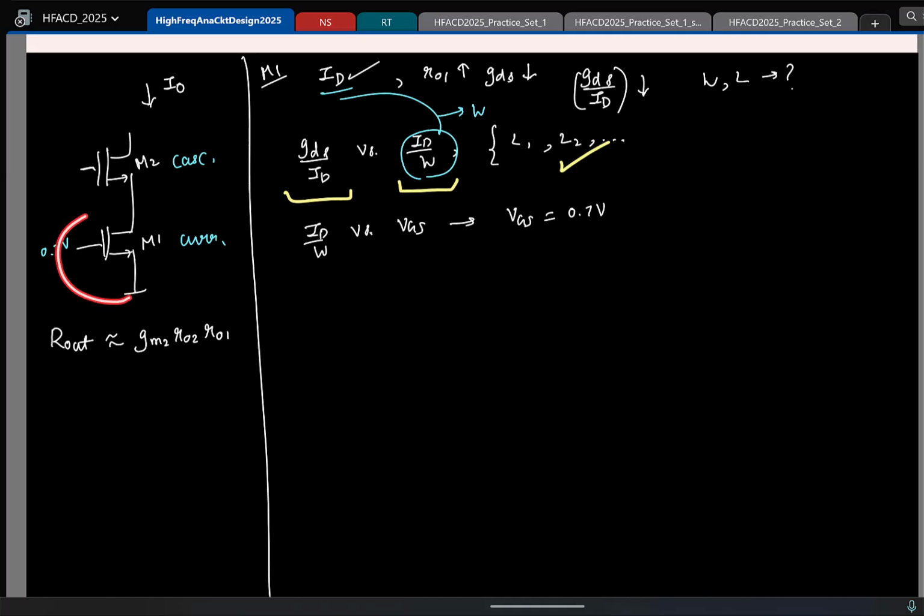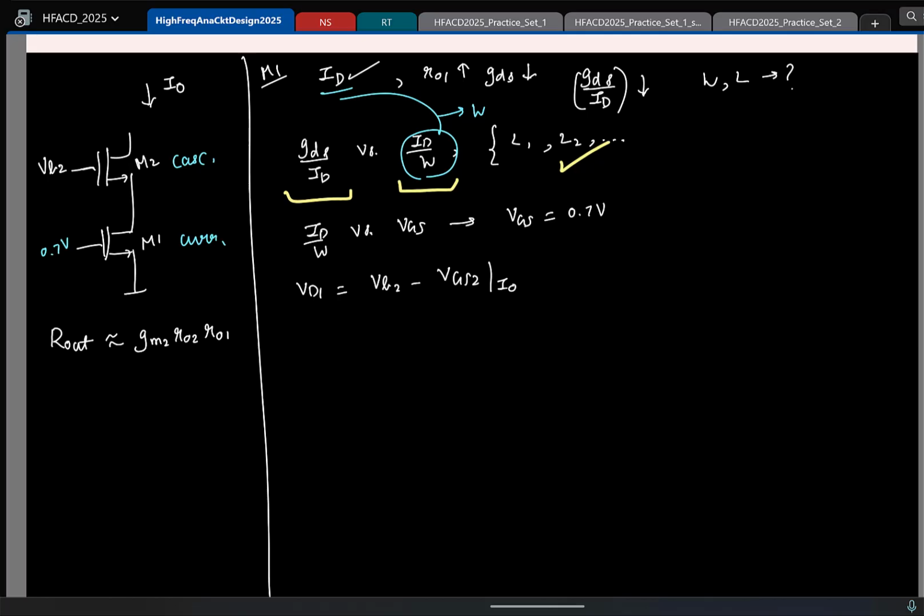Now this transistor must be in saturation. So I need to make sure the drain voltage is sufficiently large. And in this circuit, what is fixing the drain voltage here? Current through M2. How is it fixing that? If this is some VB2, my drain voltage is VB2 minus VGS2 at a current of I0.